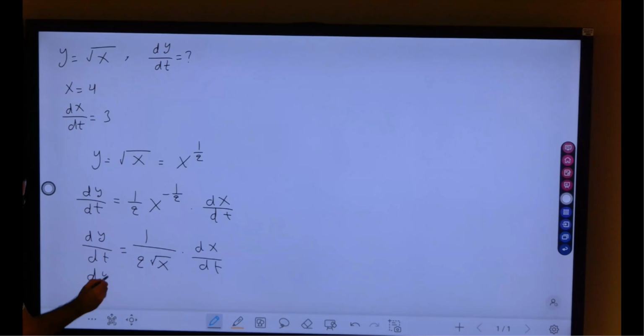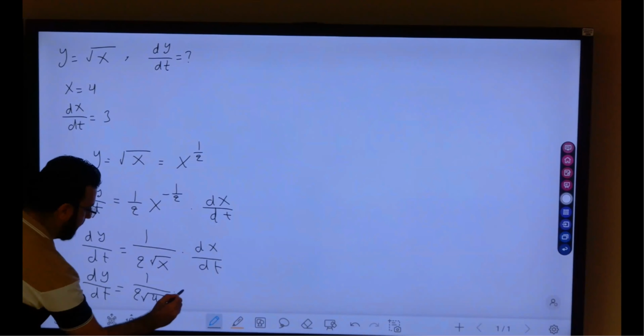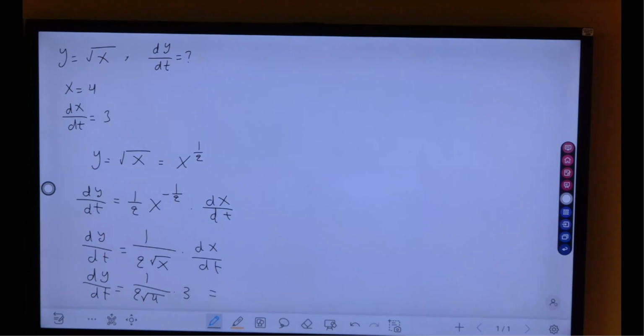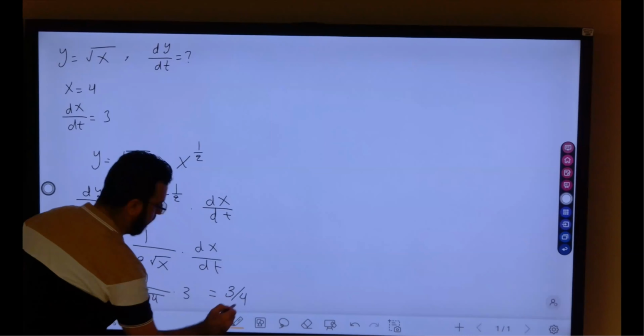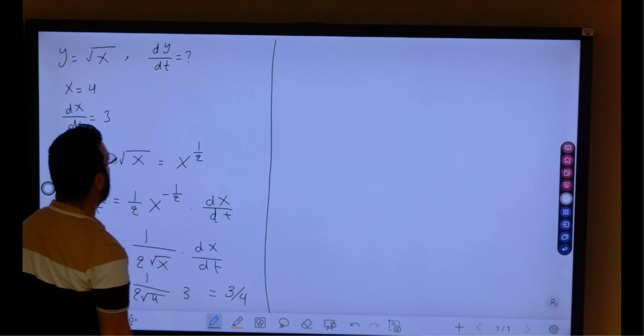Now just plug in: dy over dt equal 1/2 square root of 4 times 3. How much is the result? Square root of 4 is 2, times 2 is 4, so it's going to be 3 over 4. This is the first one, question 1A.